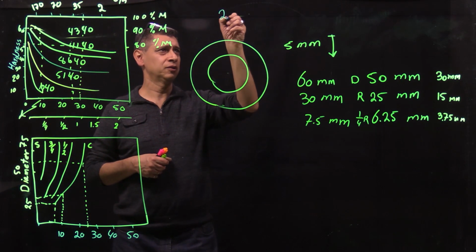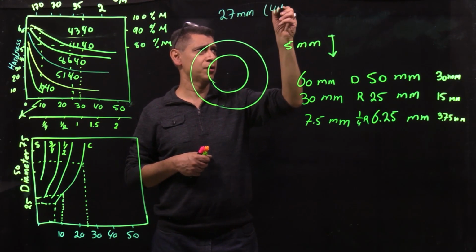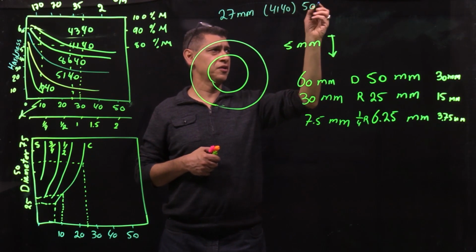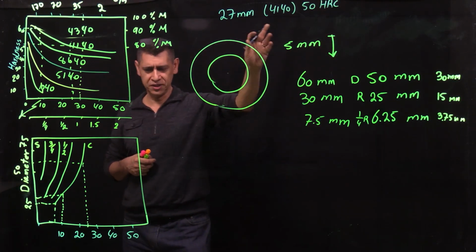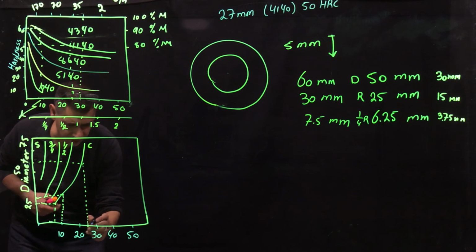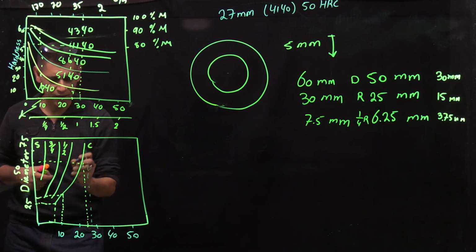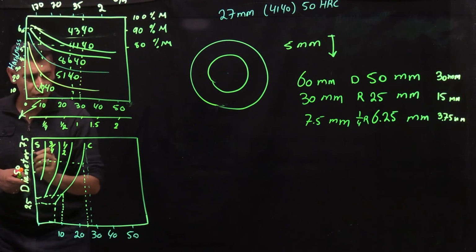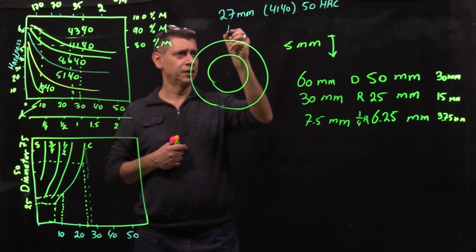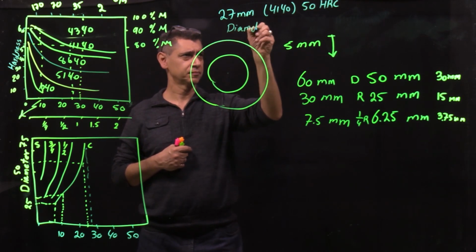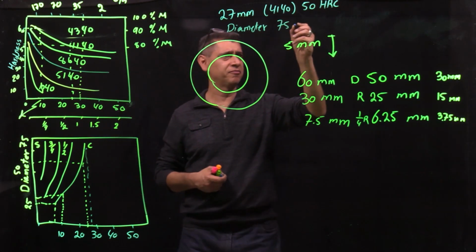So I write here 27 millimeter, this is 4140 for 50 Rockwell C. You go to 27 here, somewhere like here, and you find this point, and you see the diameter is 75. So the bar diameter ends up being 75 millimeter.